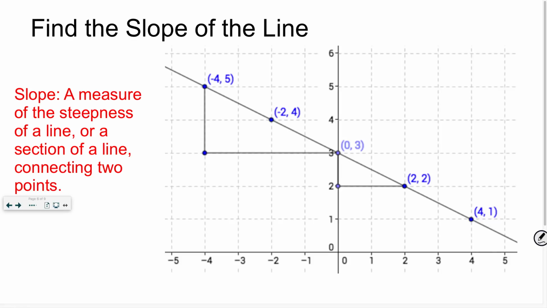Okay, so let's look at the triangle. What do you notice about these triangles? I see that the bigger one is twice as big as the smaller one. How do you know that for sure?